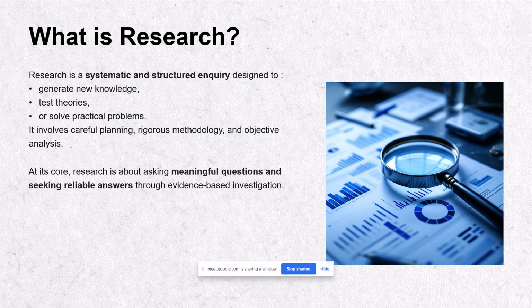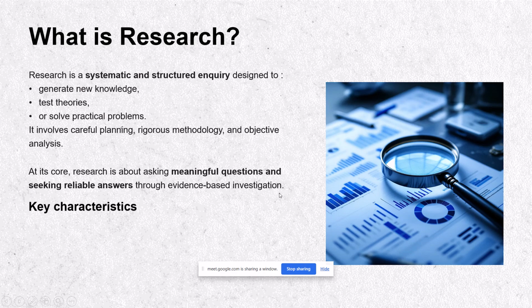At its core, research is about asking meaningful questions and seeking reliable answers through evidence-based investigation. Here we have three keywords. We have meaningful questions, we have seeking reliable answers, and we have evidence-based investigations.